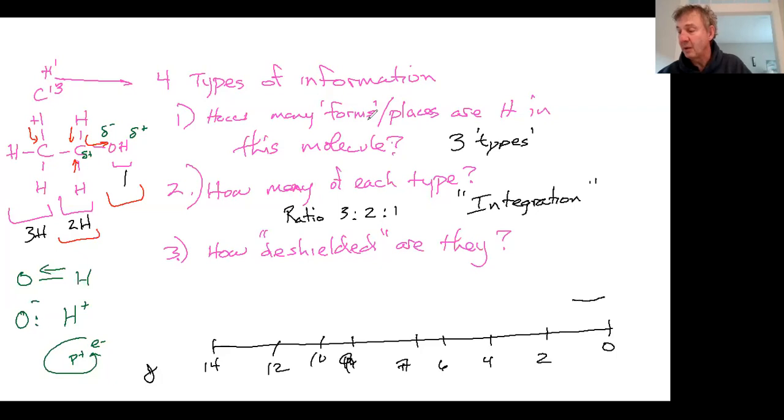Now, the 1 is the most deshielded. If it is deshielded, it gets dragged to bigger numbers. We call that downfield.